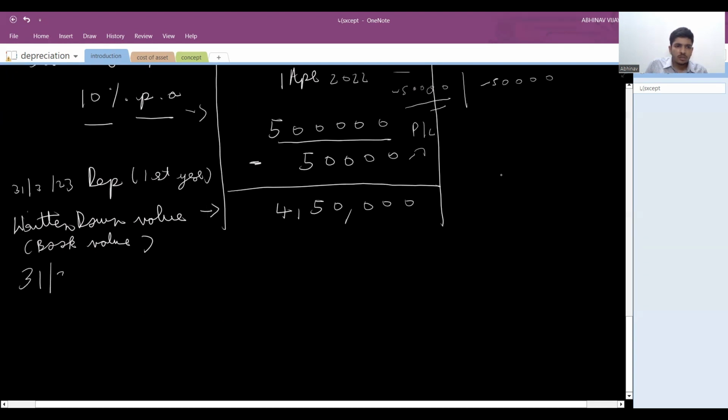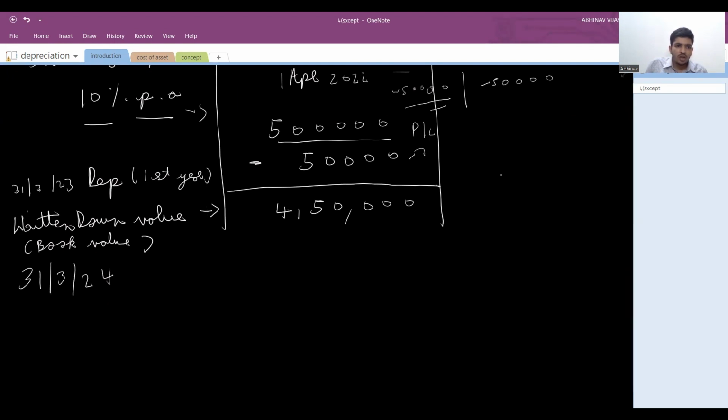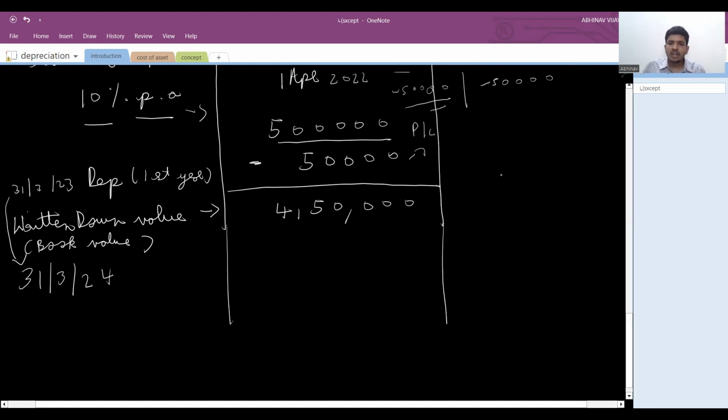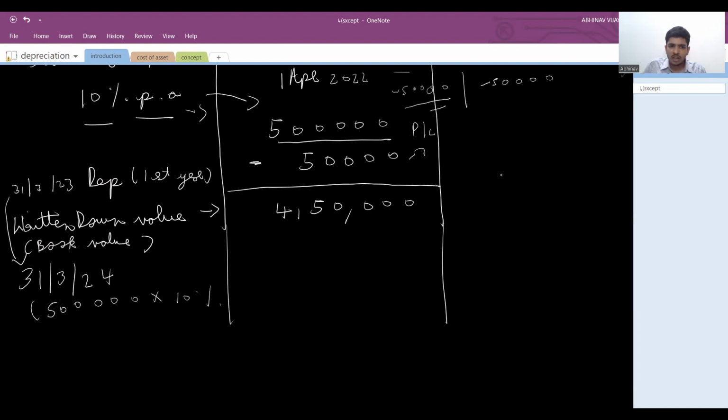Now, after year one, on 31st March 2024, another year passes from 31st March 2023. So when another year passes, again depreciation should be charged because it's 10% per annum. So now what do we calculate depreciation on? Under the straight line method, it is always calculated on the cost of machinery. So 5 lakh into 10 percent again, that is 50,000 rupees.